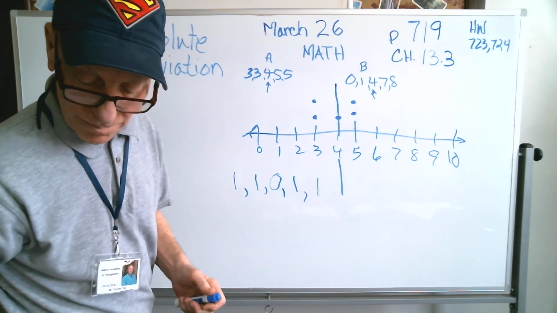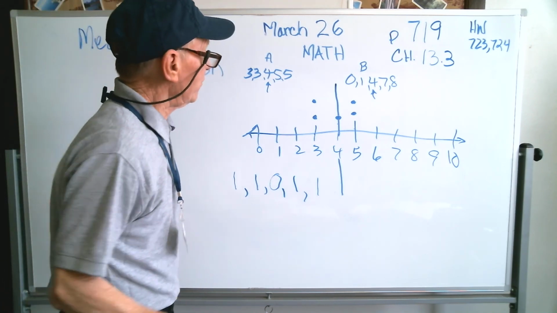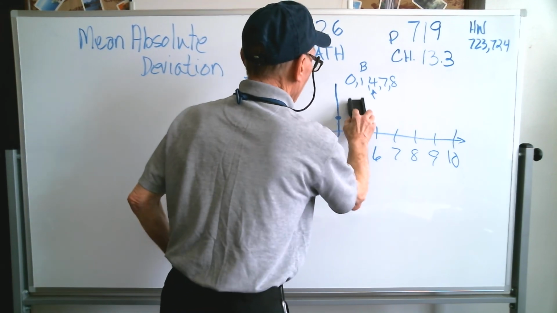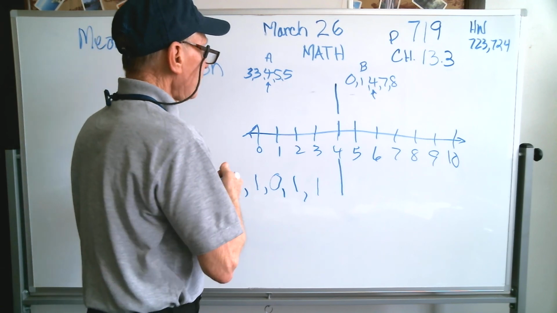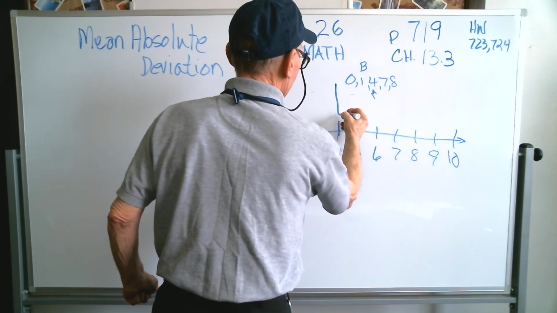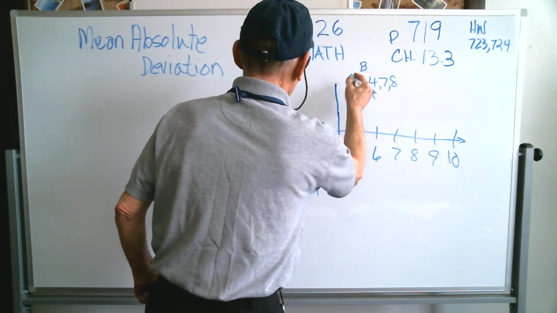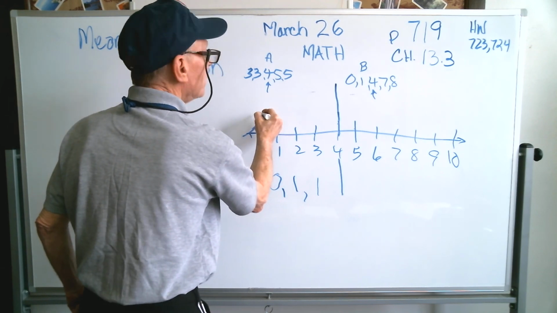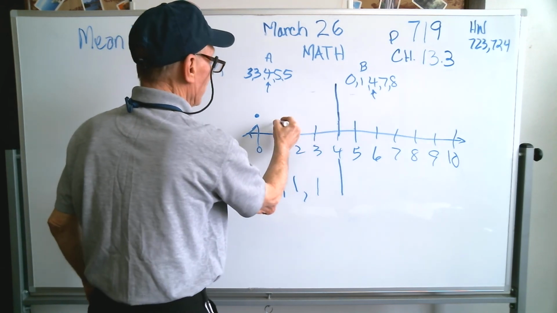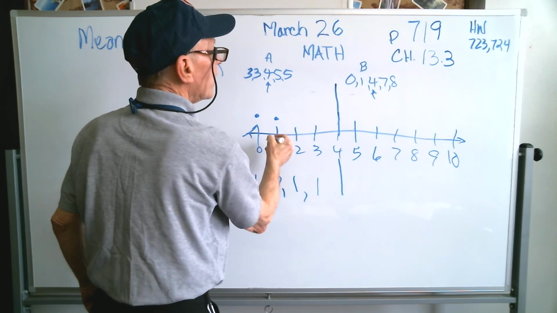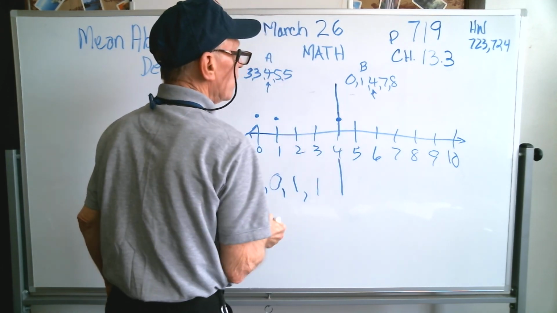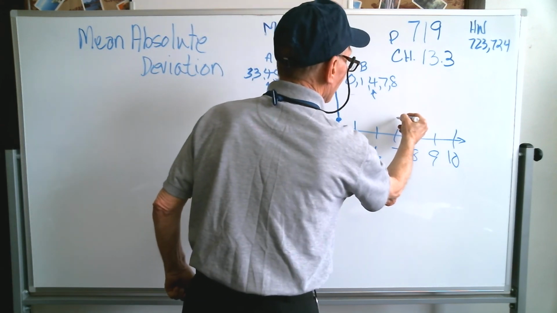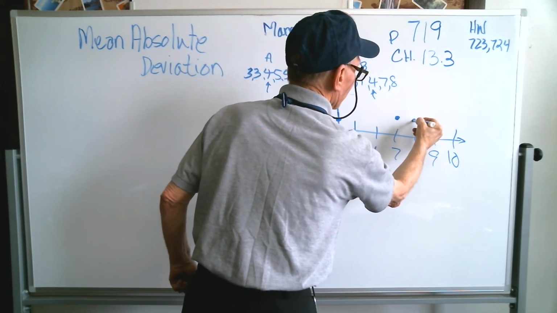So now let's put in our next set of numbers. And we're going to dot plot that as well. At 0, we've got 1. At 1, we've got 1. At 4, we've got 1. At 7, 1, and at 8, 1.